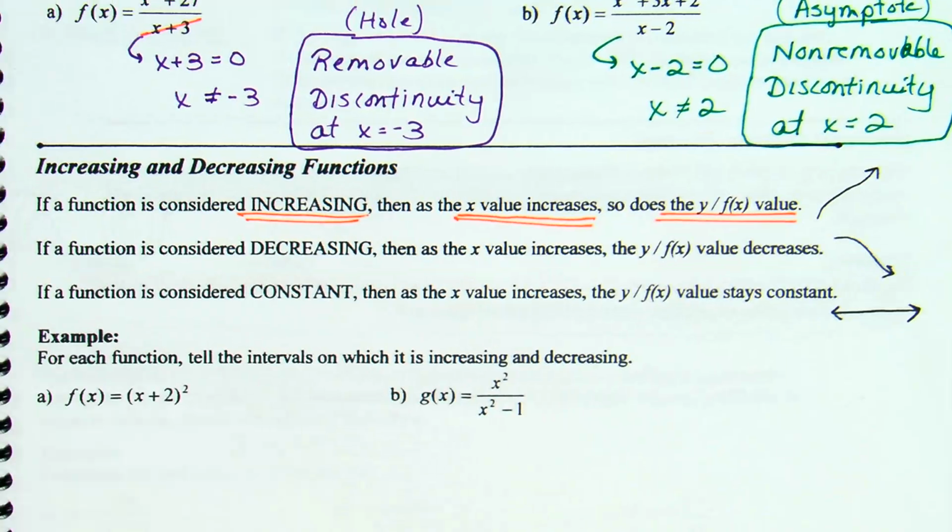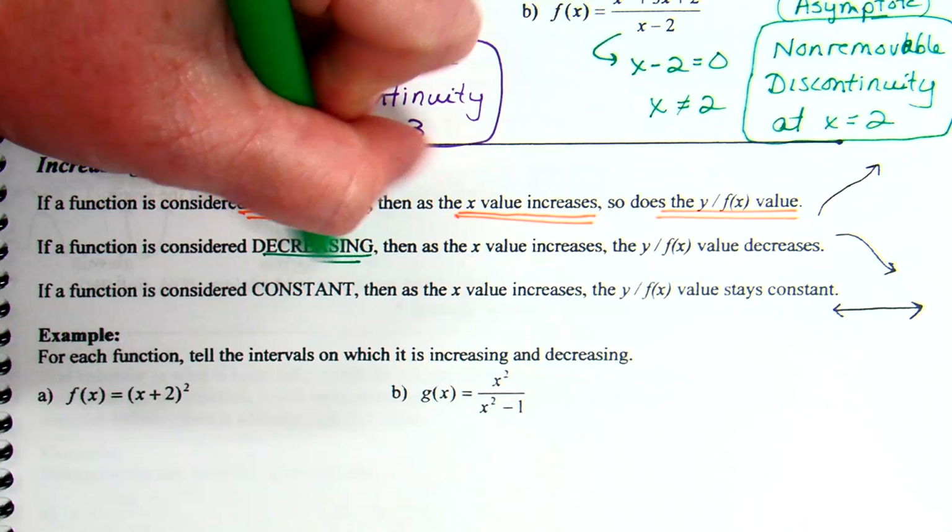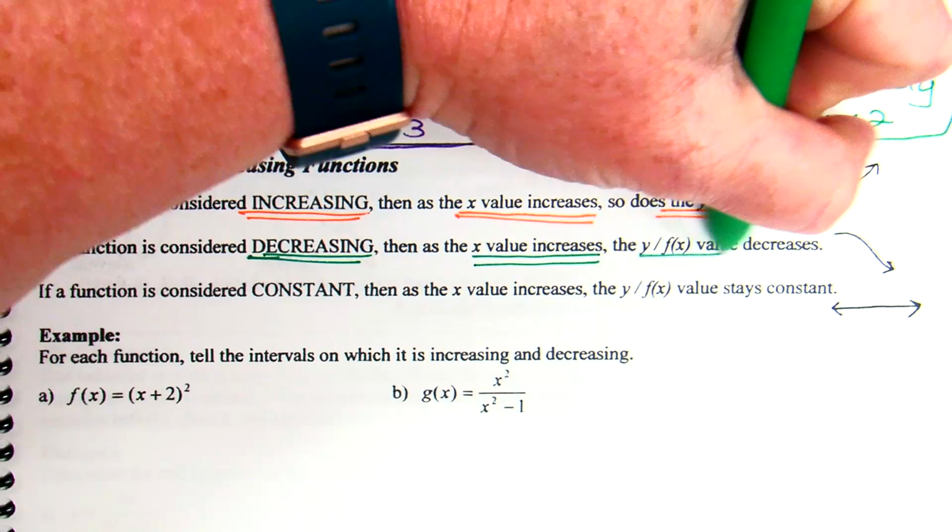So what about decreasing then? If a function is considered decreasing, notice it still says as the x values increase, but now it says the y values decrease. Because as you move across the graph to the right, what are the y values doing? They're going down. I think along the lines of a negative slope.